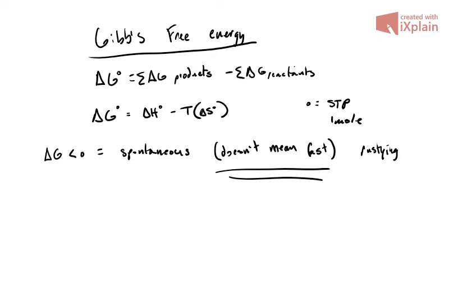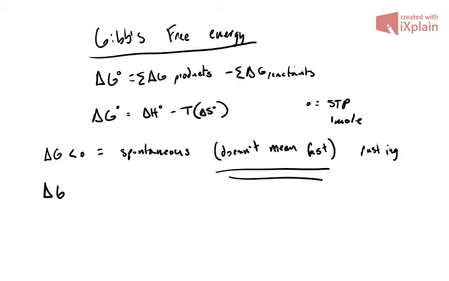It happens without any push forward, but it takes a long time for stuff to become rusty. So it is a spontaneous event that is very slow. You can have spontaneous events that are fast, but just because it is spontaneous does not mean that it is a fast event.